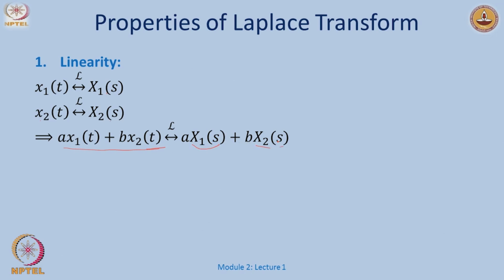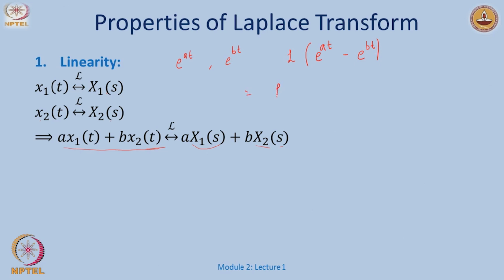Let us take a very simple example, right. I have two signals, e power at as my x1 and say e power bt as my x2, and I want to find the Laplace transform of a signal which looks like this, e power at minus e power bt. Okay. So, what is this?